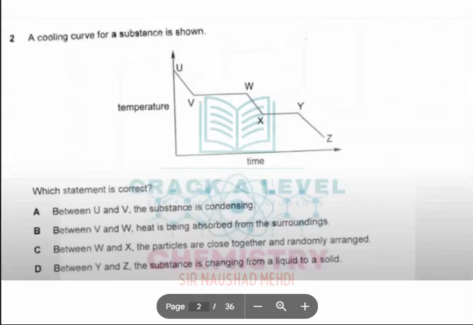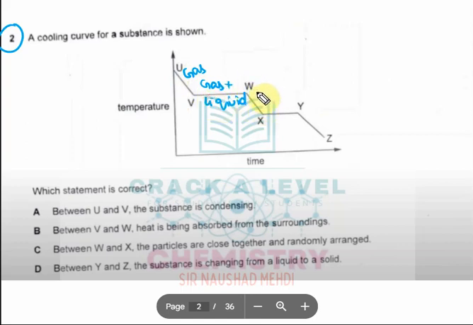Okay, MCQ number 2. In this question, a cooling curve is drawn, and it is asking which statement is correct. If you analyze this cooling curve, you know it starts from the gaseous state. From U to V, it's a gas, and when the gas cools down, it converts into liquid. From V to W, it is converting into the liquid phase, which is gas plus liquid.